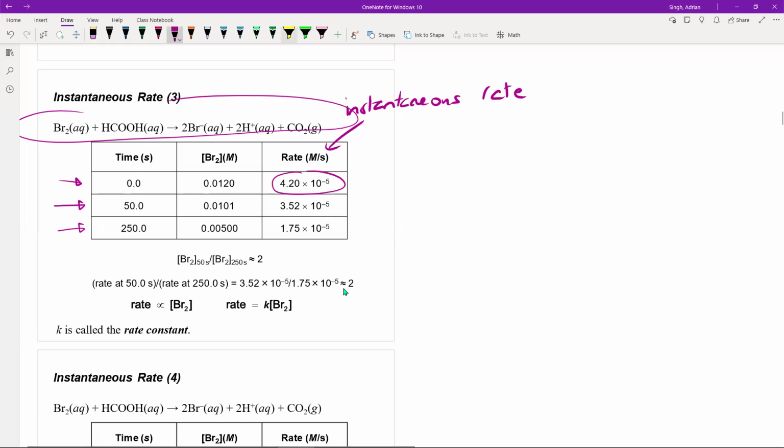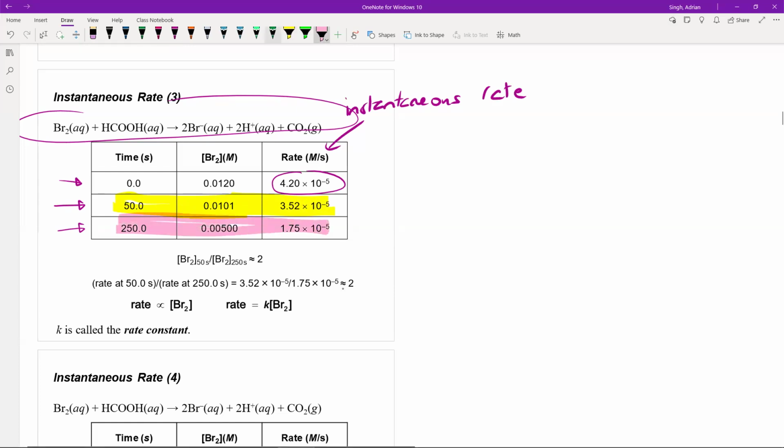So for instance, if I pick the concentration of bromine after 50 seconds, so this data point here, and I compare it to the concentration of bromine after 250 seconds, which is the third one.